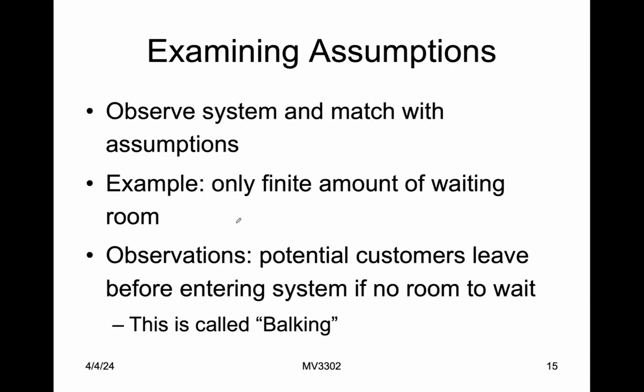But what if that's not the case? What we want to do is observe our system and match the assumptions, or at least start adding assumptions. So the first one to look at is that there's only a finite amount of waiting room. And so we look at our system and ask, what happens?